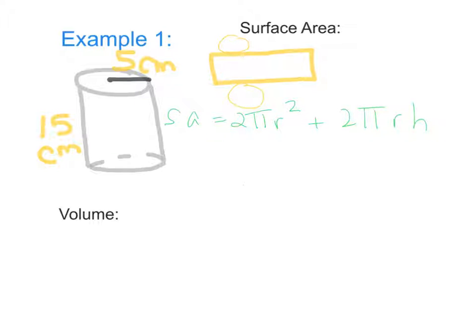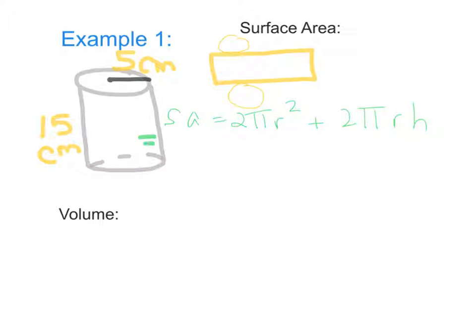So we already know that we're going to use 3.14 for the value of pi. My radius is going to be 5. So when I square that radius, I'm going to have 25 here, plus 2 times 3.14 times my radius of 5 times my height of 15. So let's go ahead and plug those numbers in and see what we get.